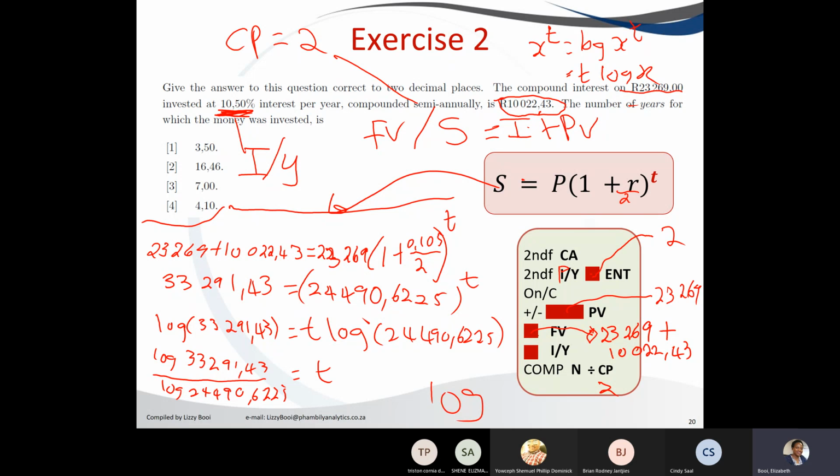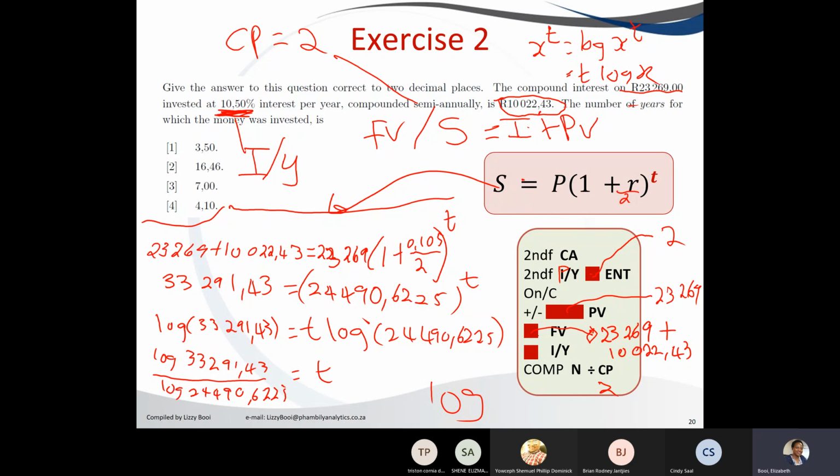I say log of 33,291.43 divided by the log of 24,490.6225 equals, and I get a very wrong number. It's something that I didn't do right.